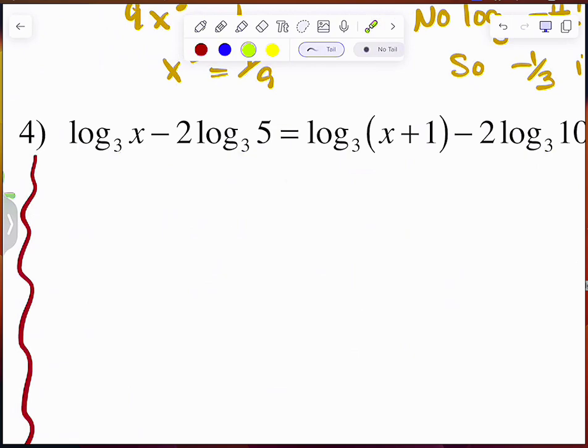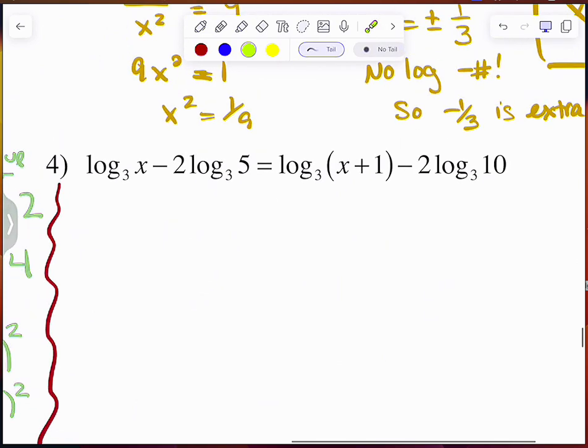I like that method. You could get all the logs together on one side and have them all condense, and then you would just have a number on the other side. That's fine too. And then you would use the log base to the of the answer equals the power and rewrite it. So either one works, but I'm going to use condensing. It'll help us practice what we did last week too.